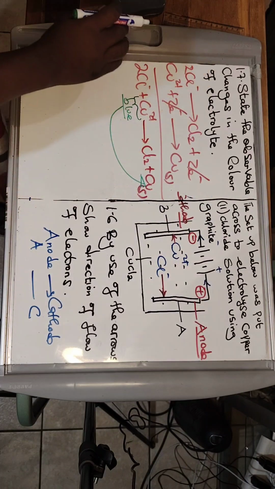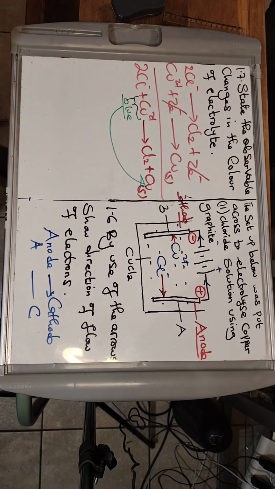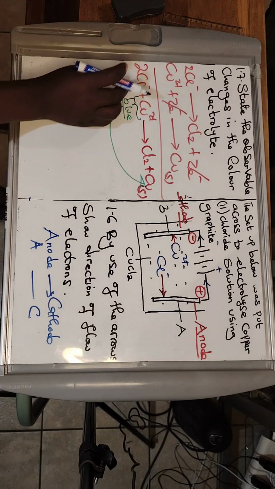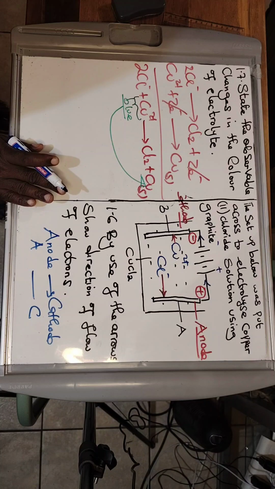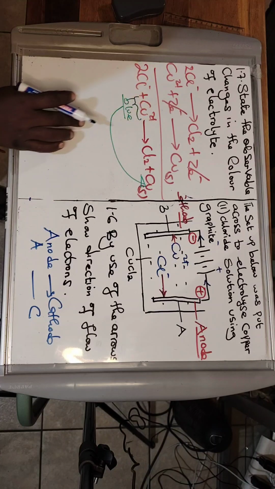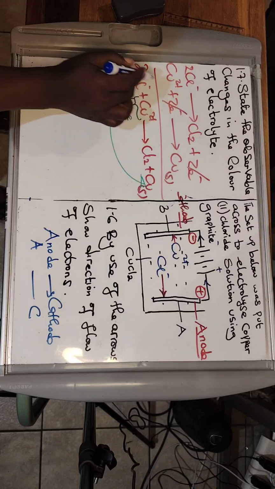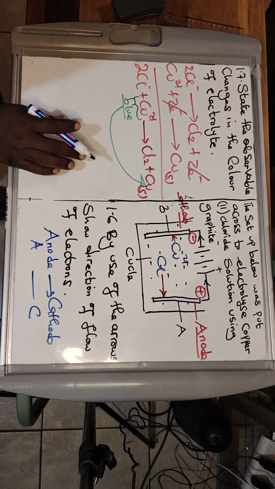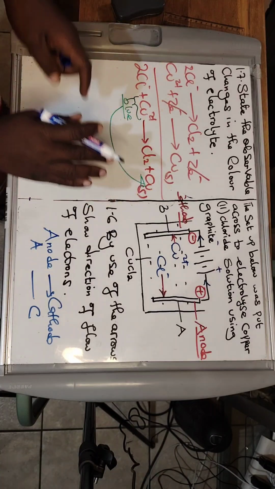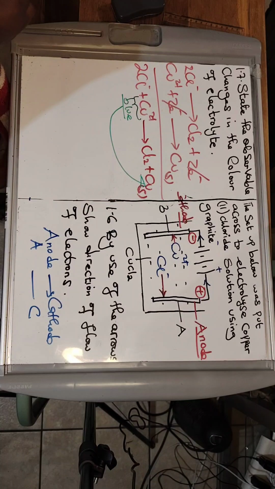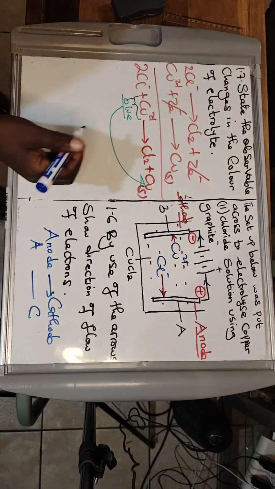So the gradual removal of copper ions affects the color. Remember, the blue color was brought about by the copper ions, and now these copper ions are gradually being reduced to copper solid. So what do we say here?